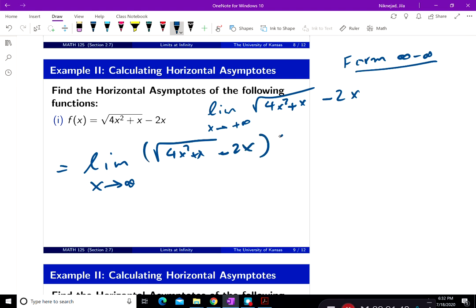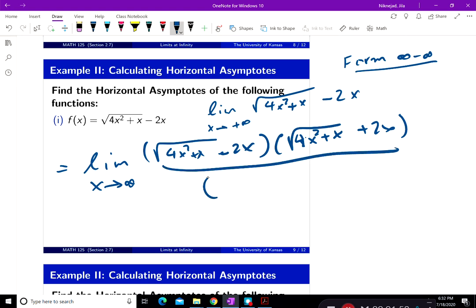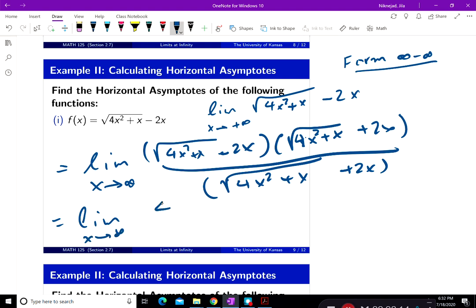And this is indeterminate form, so I'm multiplying that by the conjugate. And the conjugate of that is just square root of 4x squared plus x plus 2x, and divide by that conjugate, square root of 4x squared plus x plus 2x. And if you multiply the top, you will end up with 4x squared plus x minus 2x to the power 2, which is 4x squared.